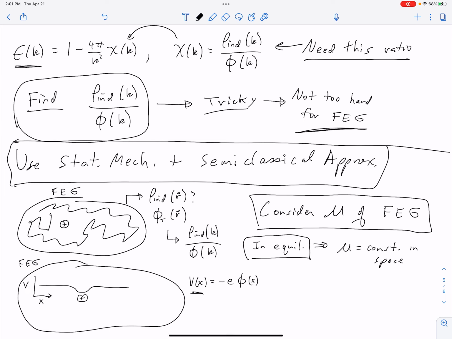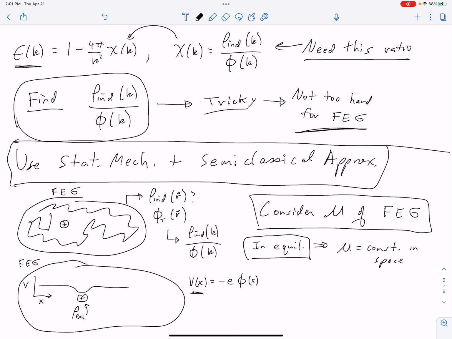So the potential that the electrons feel is going to go like that. And so you see the potential is going to go down in the vicinity of my external charge if it's positive. That makes sense because negative electrons are attracted to positive charge.